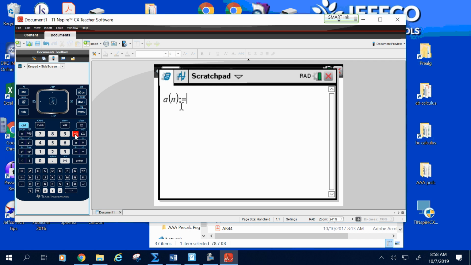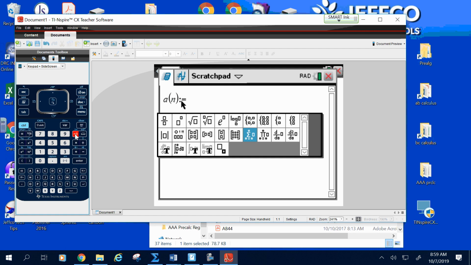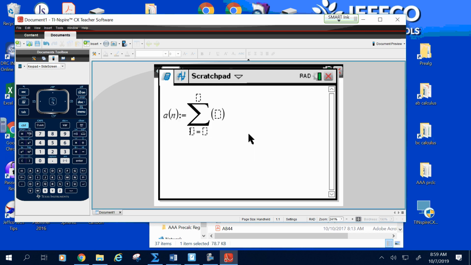Let that function be defined as this. Summation is in that same button, but not the second function, just the normal catalog button. So go next to 9 for the summation, and you should see the sigma button somewhere close to the middle. Did everybody get that?